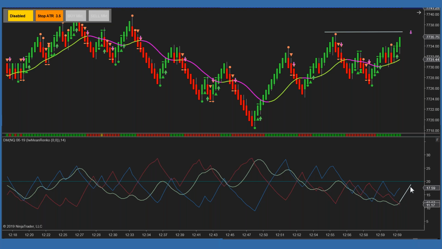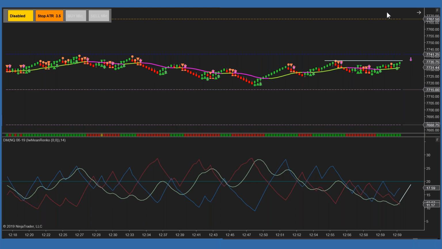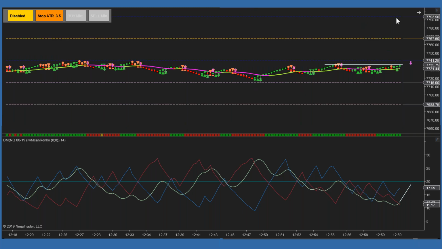So if I saw this kind of setup, rather than take profit on target, I would probably be looking for a rather substantial move higher. Maybe to my next resistance line, maybe even going to zones.